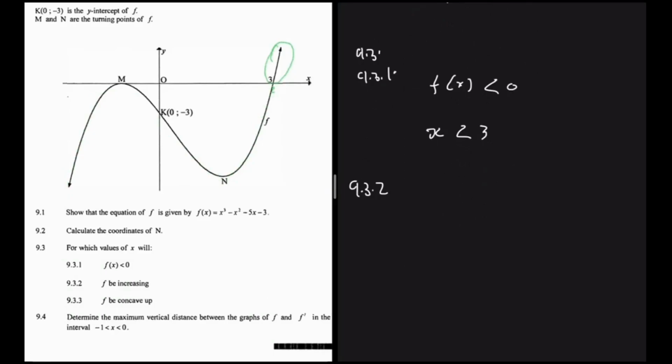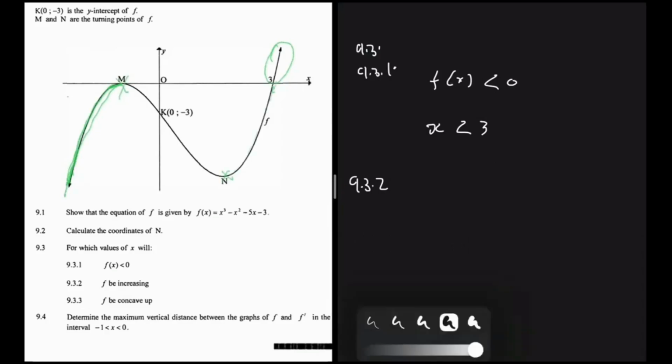9.3.2, when will f be increasing? F is increasing when the gradient is positive, right? So we can see that from m going that side, the gradient is positive, and from that side to m, the gradient is positive. Another place where the gradient is positive is from n going up, right? What's the value of x at m?